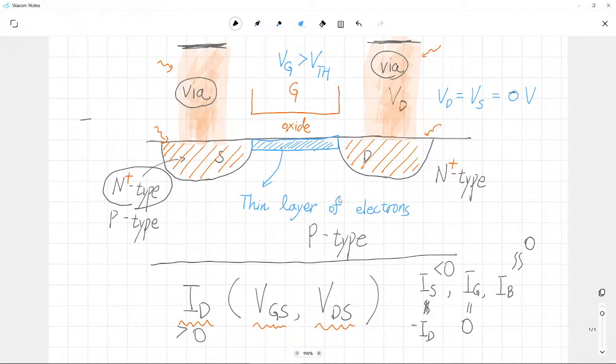So now you can see that if we apply 0 voltage to the drain, then we will have, yes, very uniform charge density there.